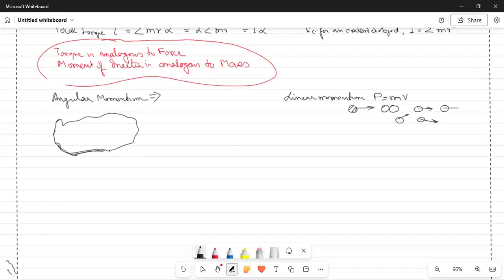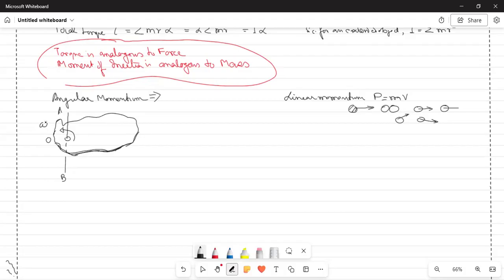That means it has a very small thickness, and we consider that there is a small hole here, say this is the axis of rotation, A, and say this is O. And let us say this whole body is rotating in this direction with some angular speed, omega.